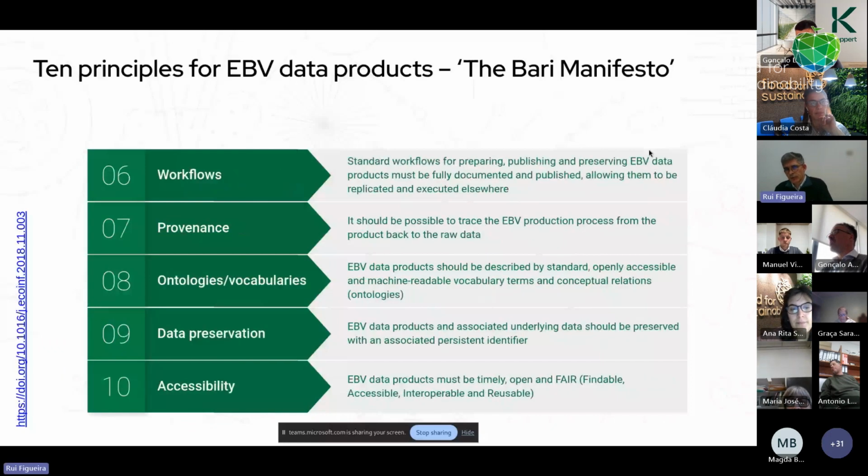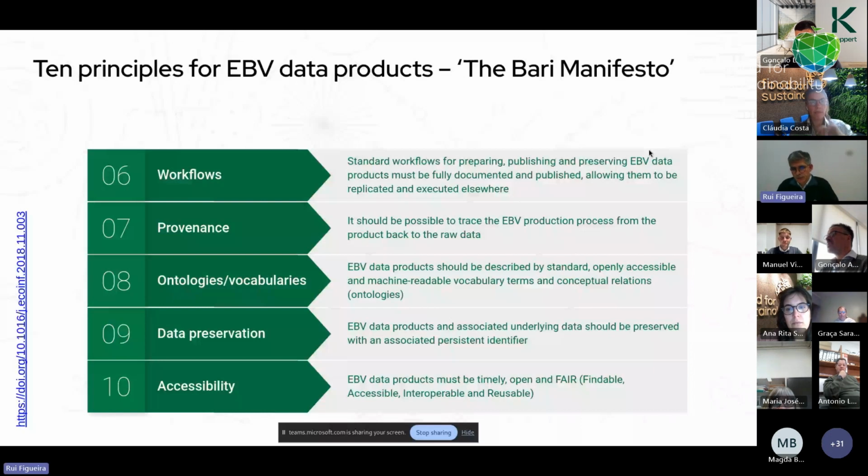We should ensure workflows that enable anyone to understand what the process is from data mobilization until data use, and that can be applied repeatedly in repeated situations. We should also ensure the provenance, identifying always the source of data, and that helps also to provide credit so the data providers are acknowledged in their effort.